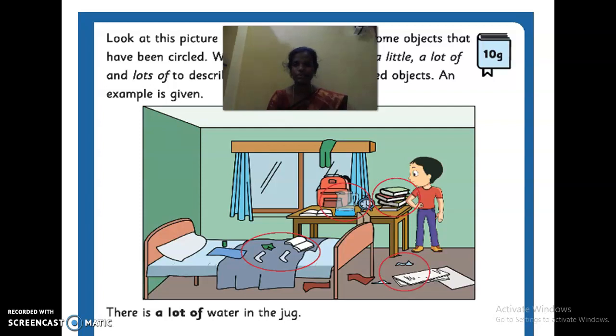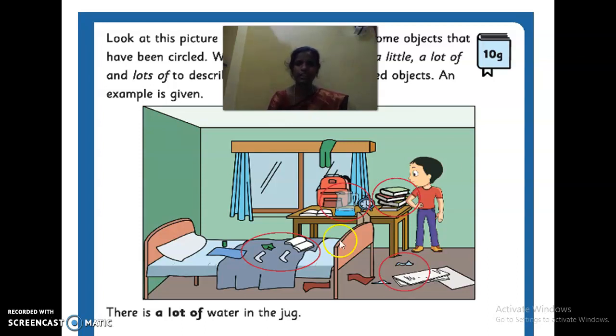Bag, soap, books, very good, clock, excellent. Then you can find some books on the bed, pillow, cot. Okay, so these things we are able to count. Then one more thing is an uncountable noun. We can find it on the table now. What is that? Yes, that is water. Are you able to count the water? No. So that is called an uncountable noun.